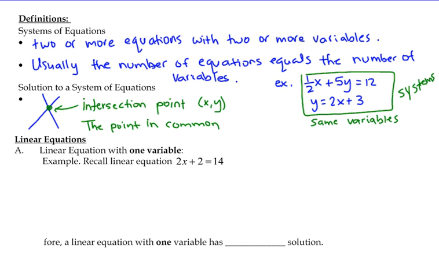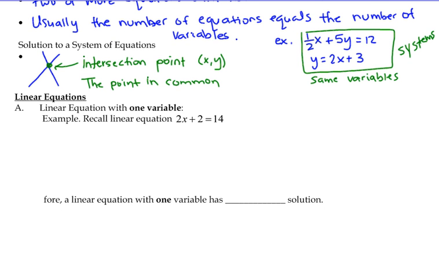And so whenever you see "solve this system," really you need to interpret that as "find the intersection point." That's the only thing that's really of value to look at with two lines. I don't know what else would be of value to look at. The most interesting thing is where do they intersect? So what if we have one equation with one variable? Well, that's like grade, I don't know, was that 8? 7?